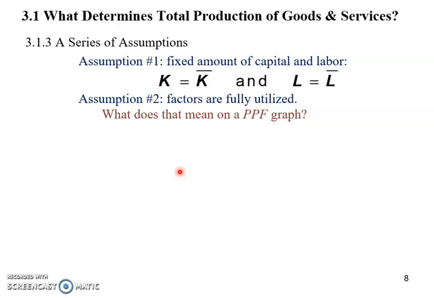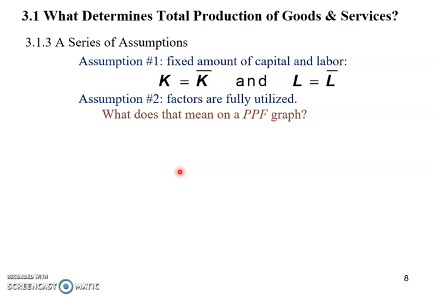In our introductory course, we learned this production possibility frontier, right? So what does this assumption mean if you have to put it on the PPF graph? During our virtual meeting, we can talk about this.